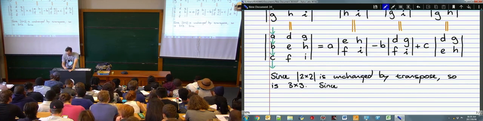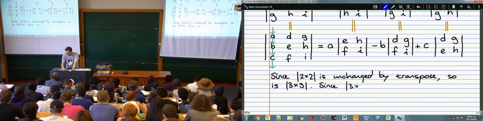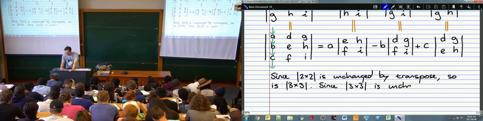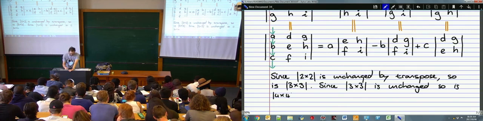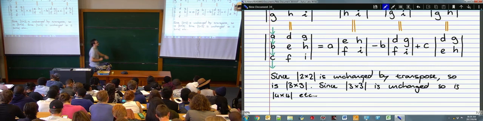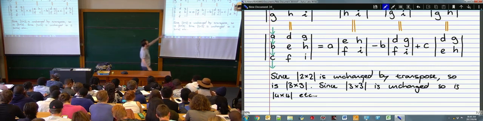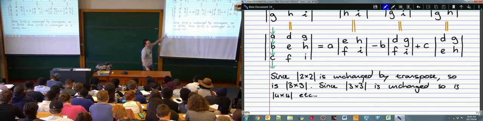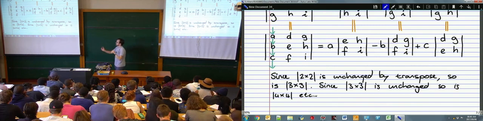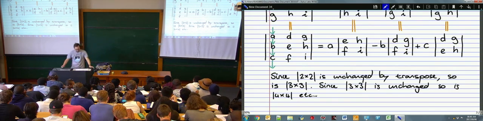Since the 3 by 3 determinant is unchanged, so is the 4 by 4 determinant, etc. If we were in a pure math course, we'd do some induction and show that this holds, but this is the basic idea.